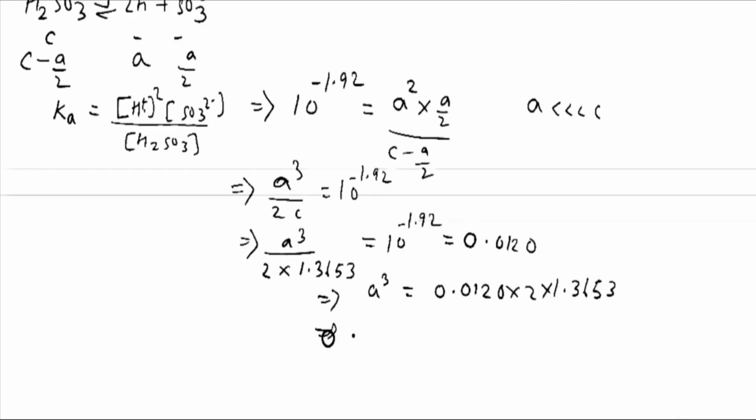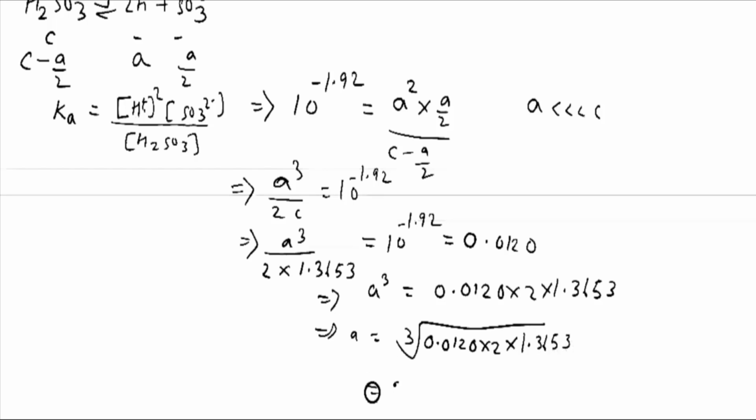So A will be the cube root of 0.0120 multiplied by 2 multiplied by 1.3653, that is the cube root of 0.03276. It comes out to be 0.320. So here the value of A we got is 0.320.